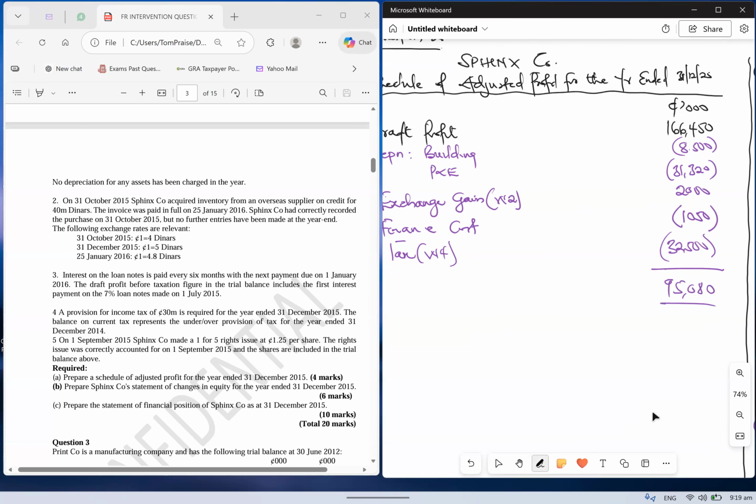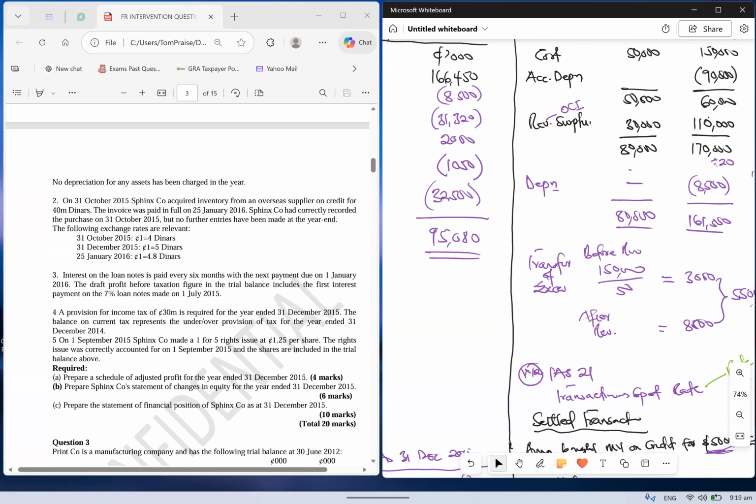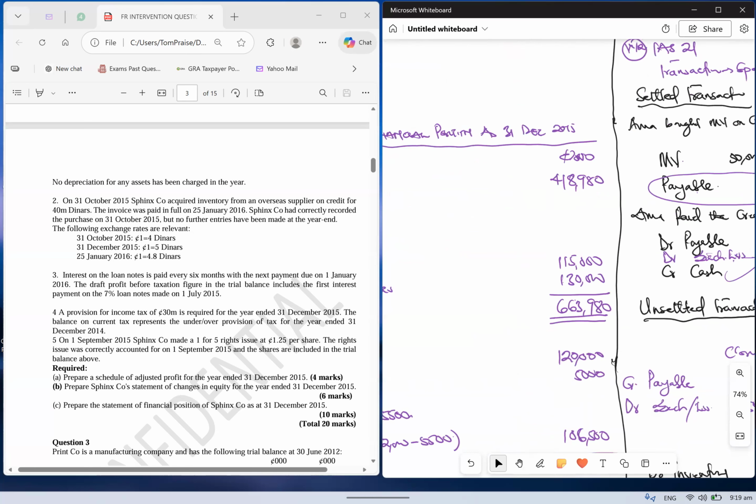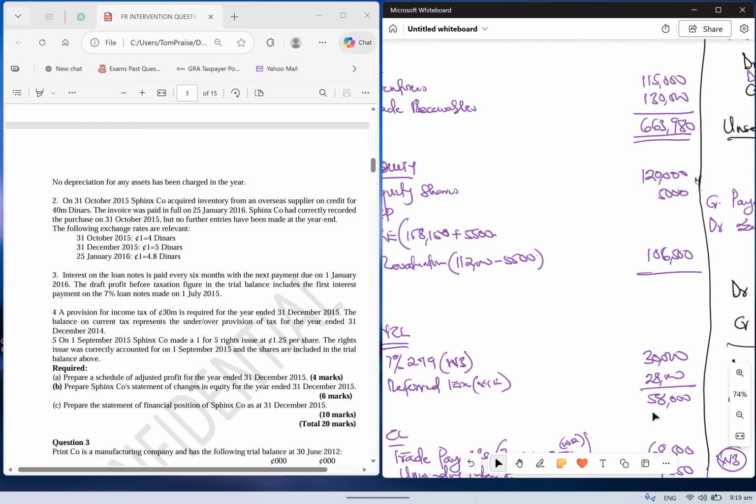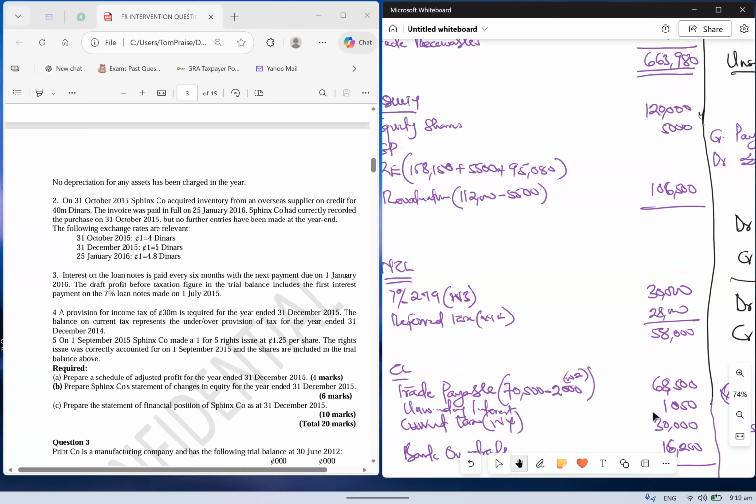Confirmed. Okay, so come and slot it in here. Let's see if it will balance. Slot it in there and let's add to see if we can get the balance figure.